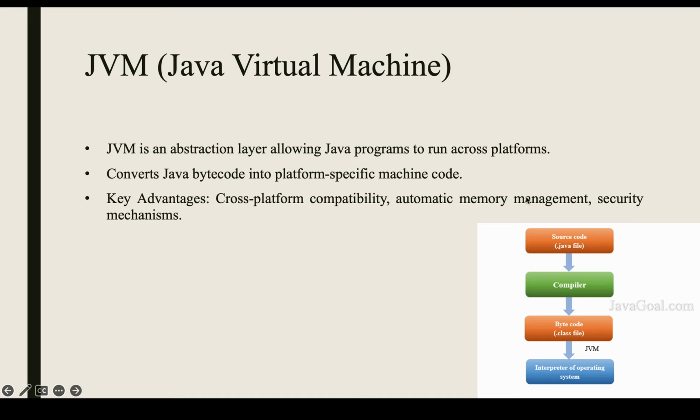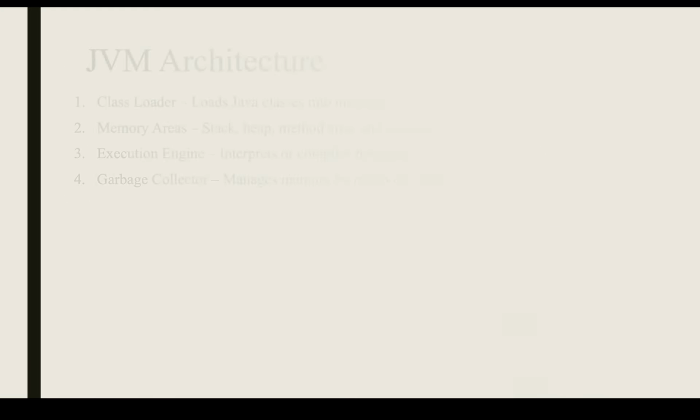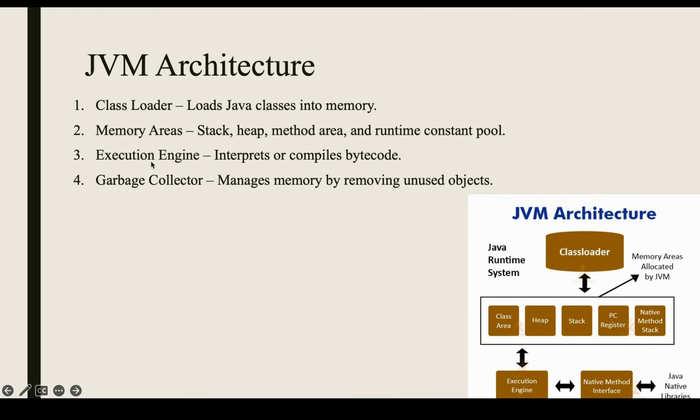Java Virtual Machine has four components: class loader, memory areas, execution engine, and garbage collector. Class loader loads the Java classes into memory.